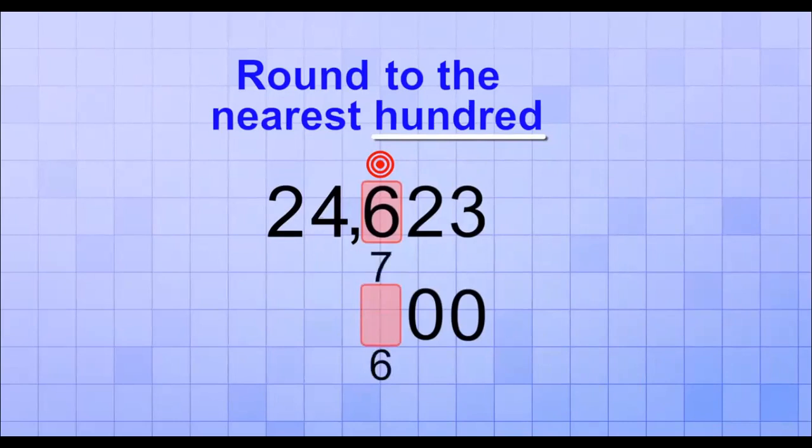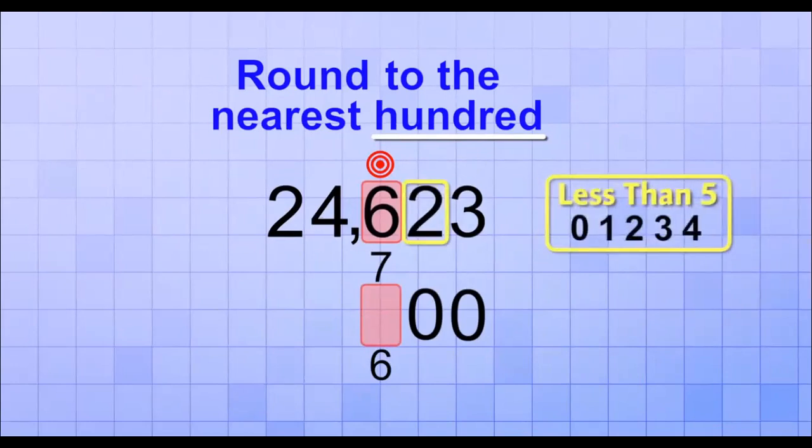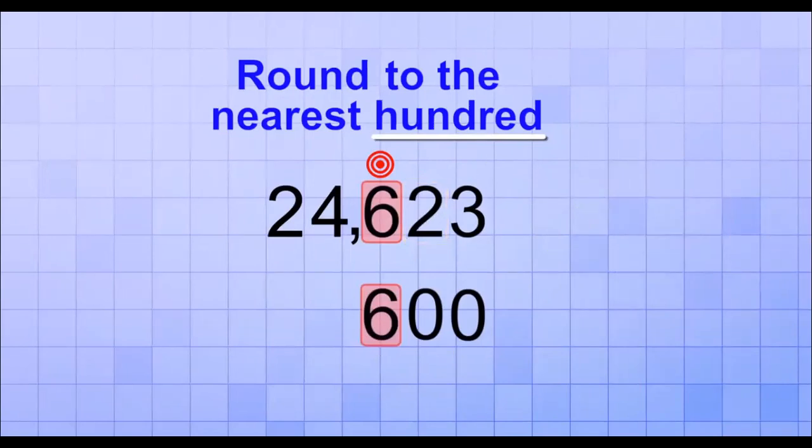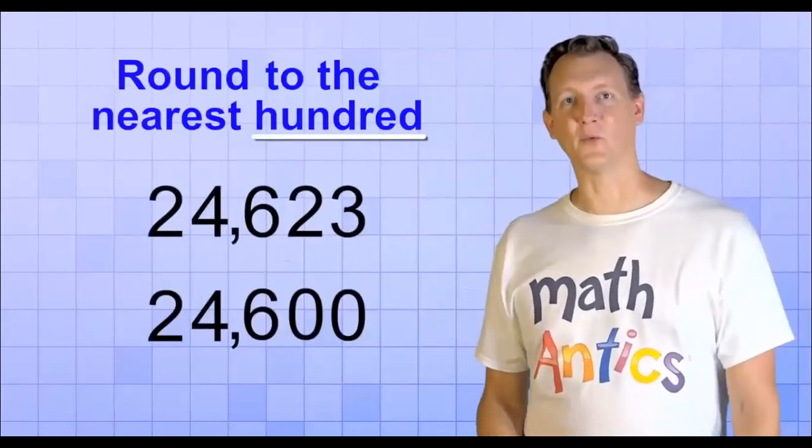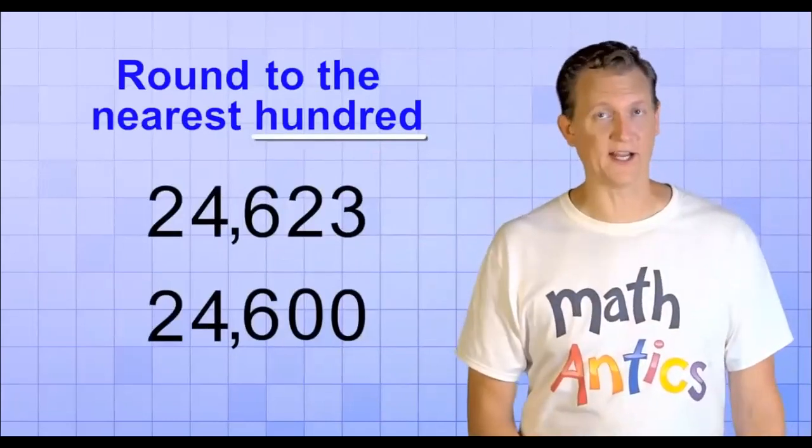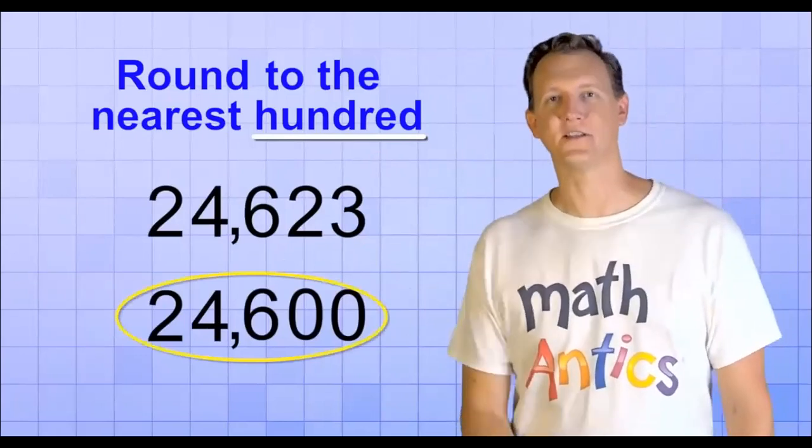To decide, we look at the value of the next digit to the right. Since that digit is only a 2, which is less than 5, we round down, which means that we'll keep the target digit the same in the rounded number. Last, we just keep all the digits in bigger number places the same in the rounded version. There, we've rounded the original number to the nearest 100, and the answer is 24,600.